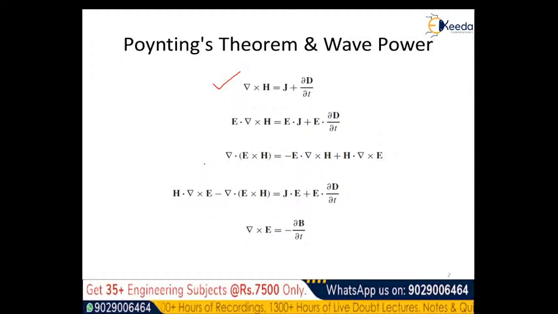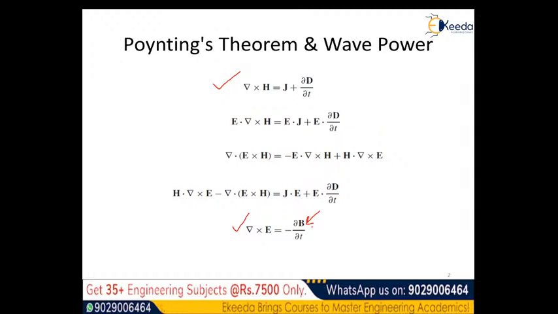Here it is denoted by del bar cross of E bar, that is equal to negation of the partial time derivative of capital B. So capital B is representing the magnetic flux density. So this is also the equation from the Maxwell set we have seen in our previous live session here.